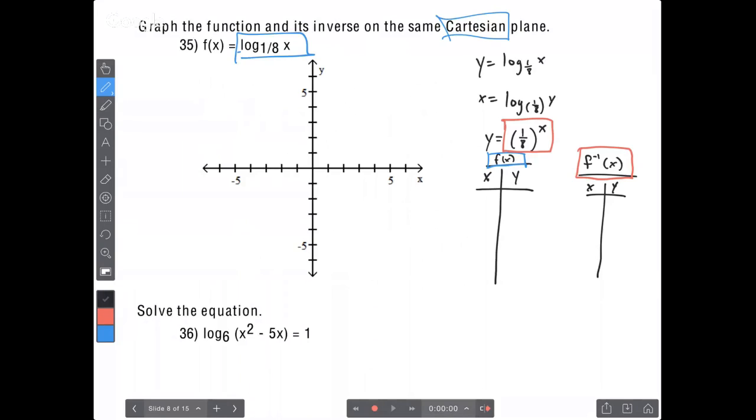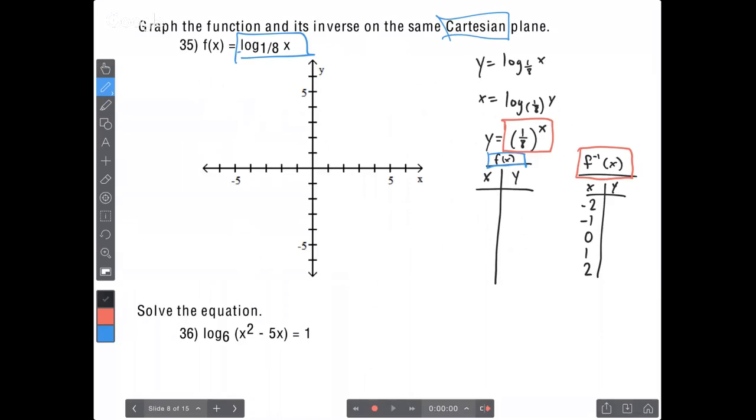Anyway, we were back here. It's nicest to use this function, y equals 1/8 to the x, to choose x and y values, and then we'll also use the same things in our original function, f of x. So I'm going to go over here and say, in this function, 1/8 to the x, what happens if I go to the -2 power, the -1 power, 0, 1, and 2?